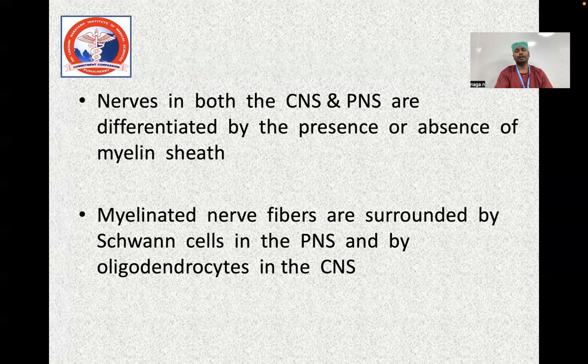Myelinated nerve fibers are surrounded by Schwann cells in the PNS and by oligodendrocytes in the CNS. That is the most common differentiation between the central and peripheral nervous system.